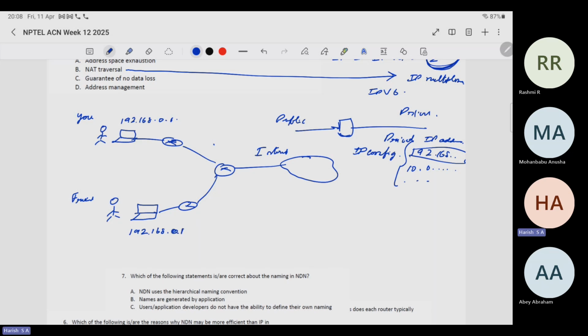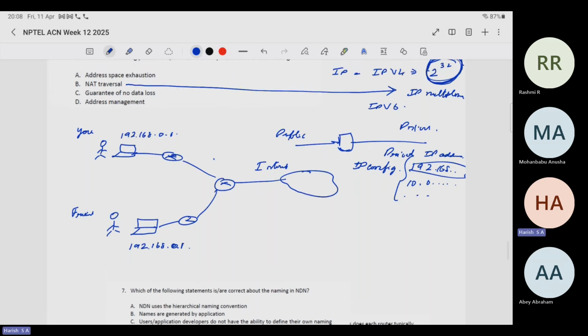So how does this work? You must have noticed this phenomenon. How does this duplicity of IP addresses work? It works because of something called NAT traversal. Your home network has something called a public IP address.